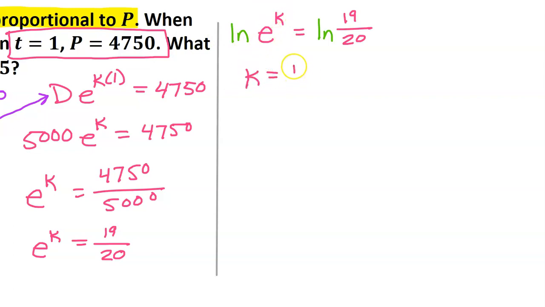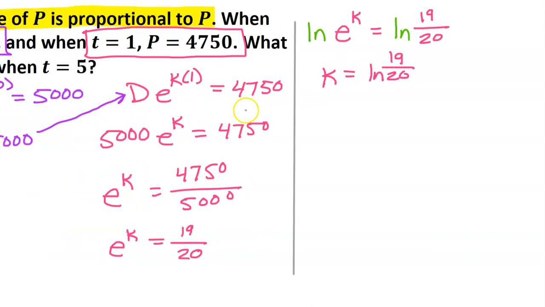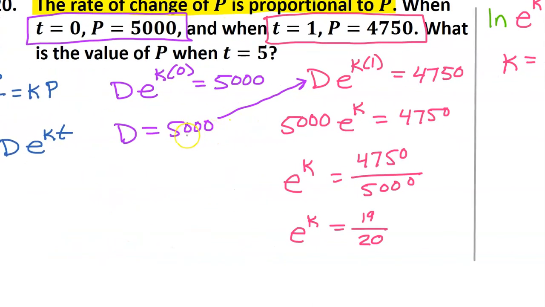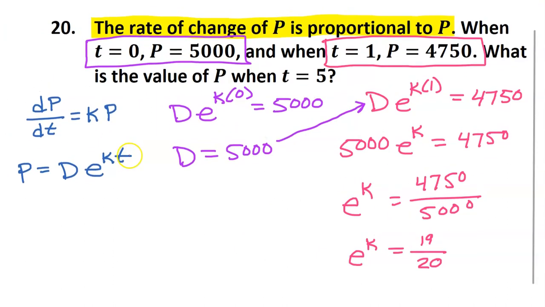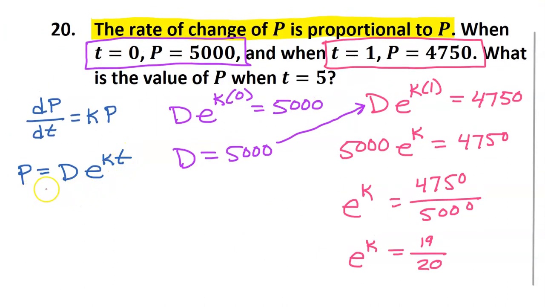So k equals the natural log of 19 over 20. So we have the value of k, and we have had the value of D for a minute. So let's take the value of k and the value of D and put them both back into the equation that we got from the shortcut.